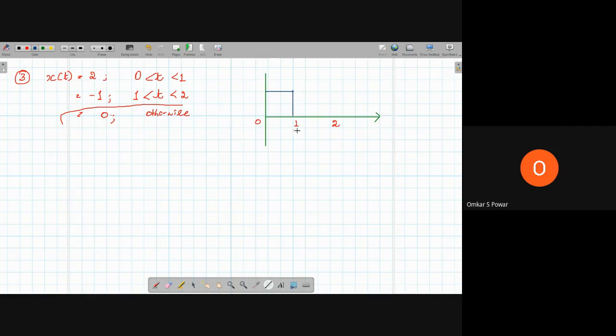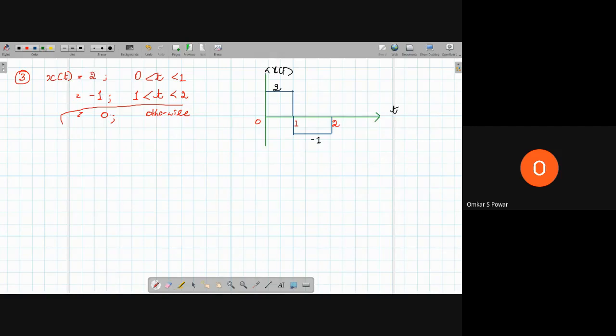From 1 to 2, you have the value as minus 1. So minus 1. Okay. So this is how you plot. So plotting is very much necessary and it is simple also. See, this is x of t with respect to t. What's the value here? 2, and here the value is minus 1. So you'll get a perfect idea. Always try to visualize things.